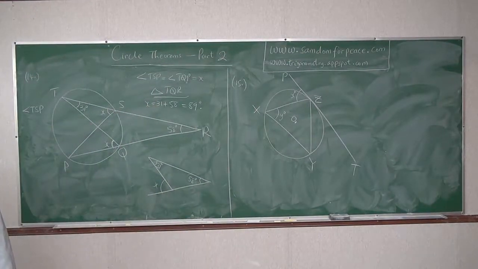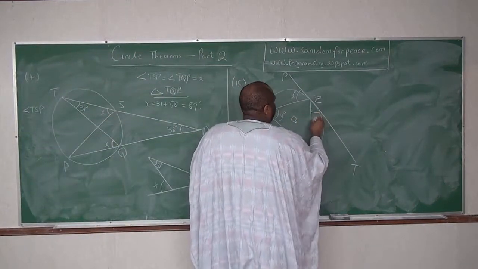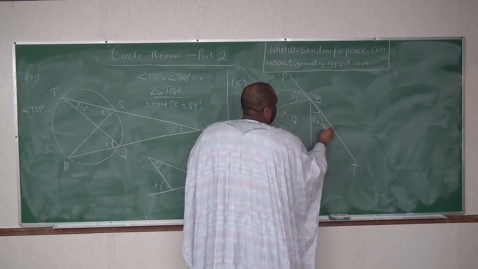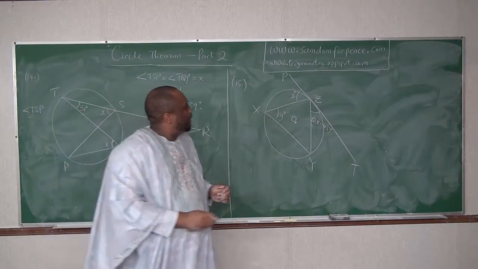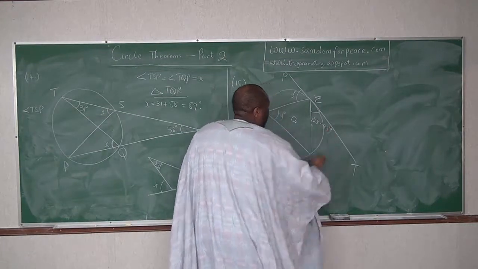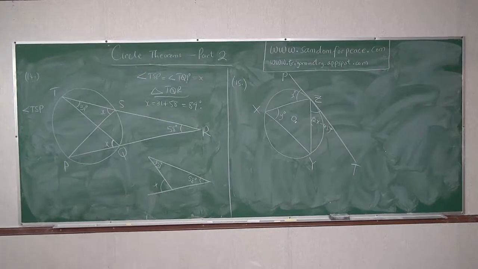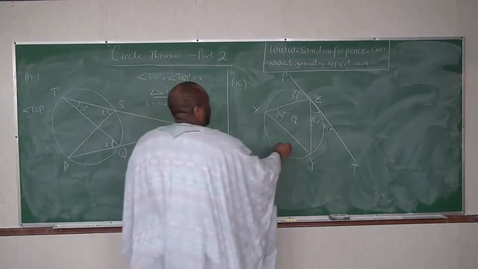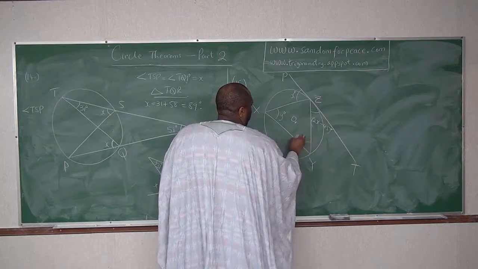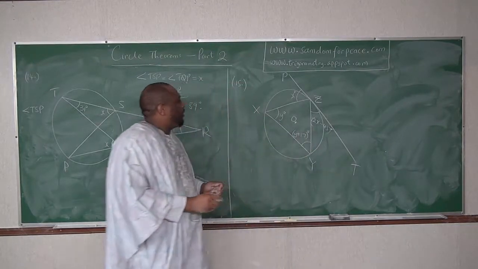We have 2x minus 43 degrees here, and then we have y plus 17 degrees here.